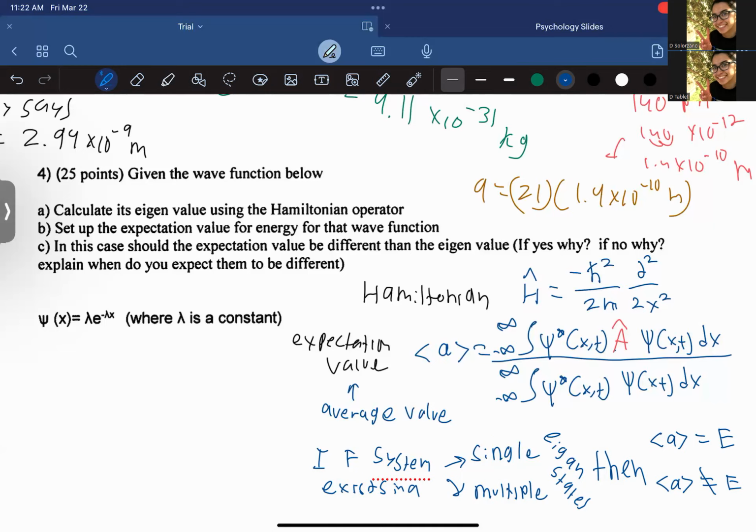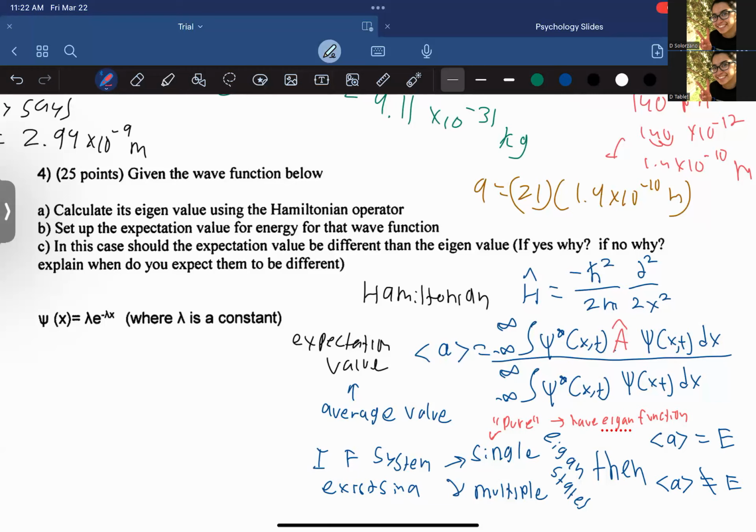But if it has multiple eigenstates, then your expectation value is the average of all those, and it's not really going to equal any one of them. Also know that when it's a single state, it's considered pure, which means you have an eigenfunction. Usually. I don't think she's ever said that, but that's what I've noticed. If you have an eigenfunction, then your expectation value is usually going to equal your eigenvalue.